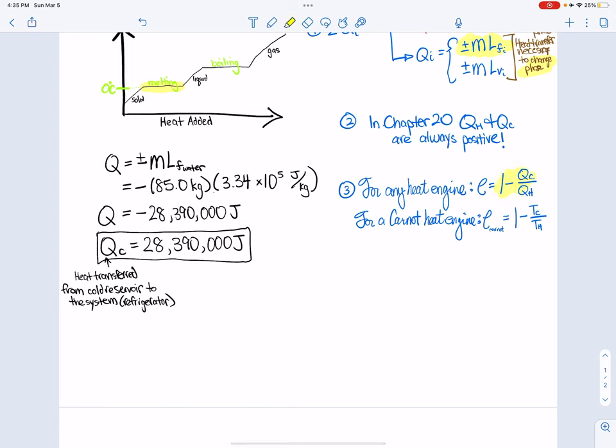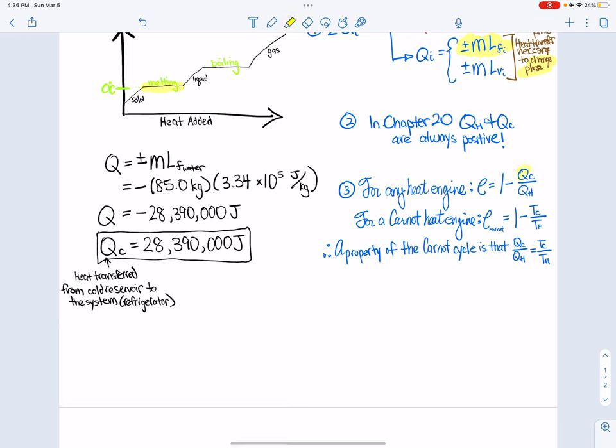So looking at this formula and this formula for efficiency and Carnot efficiency, we find that there's a property of this Carnot cycle. So therefore, a property of the Carnot cycle is that QC over QH is equal to TC over TH.